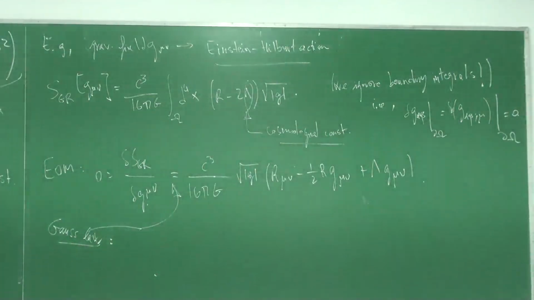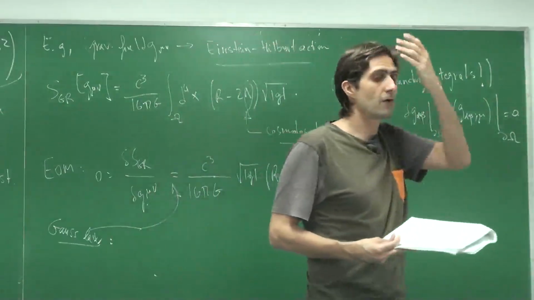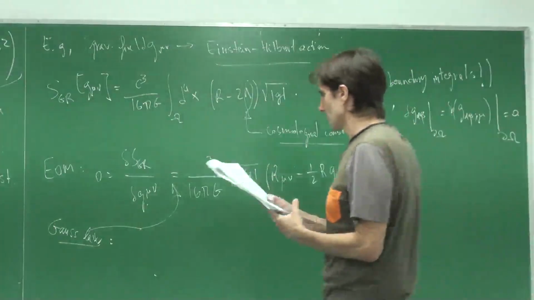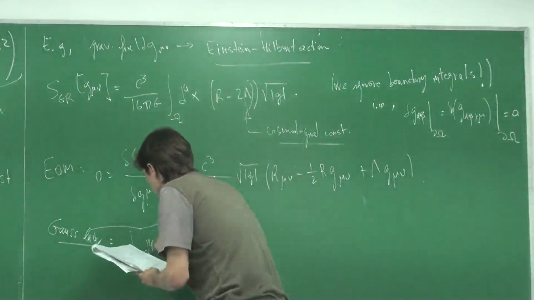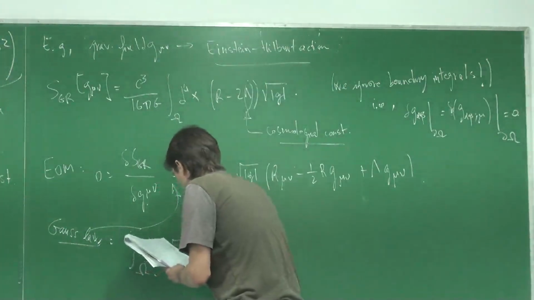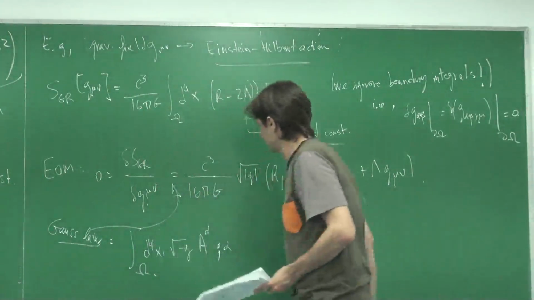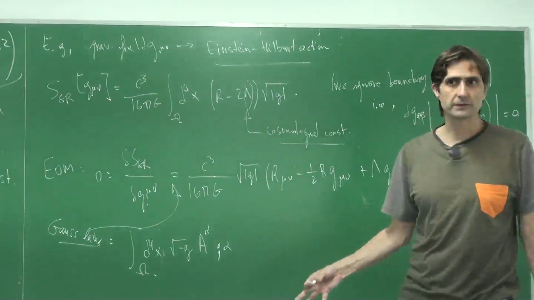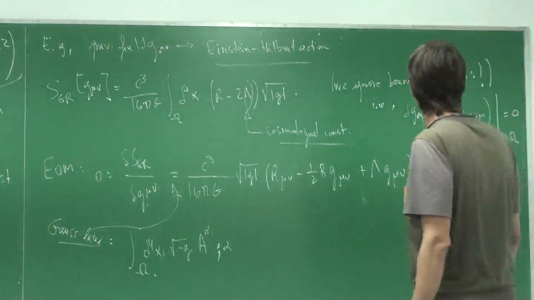You rewrite your volume integral in terms of a boundary integral. So Gauss' law tells you this. Semicolon obviously means covariant derivative. This is standard notation.